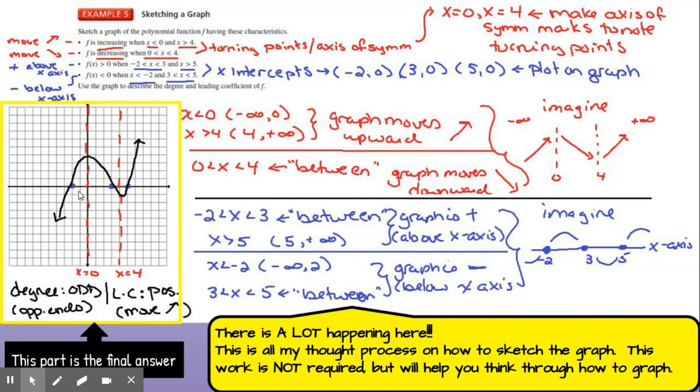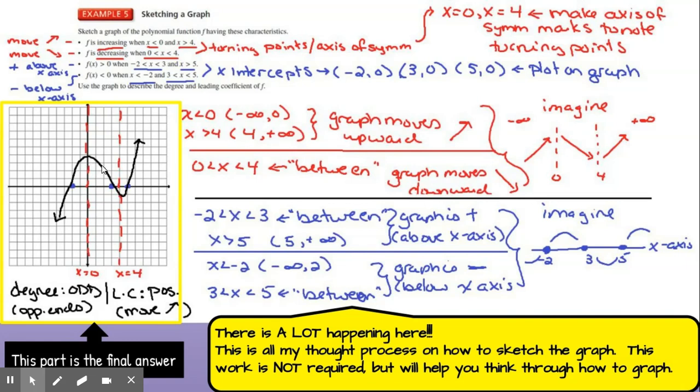So having your intercepts plotted, having your axes drawn, as you trace this, when you hit certain things, you should know what's happening. When I hit an x-intercept, I know I'm changing from positive to negative or negative to positive. I'm changing the sign. When I hit an axis of symmetry, I know I got to turn around. Whatever direction I'm going in, I got to change it.